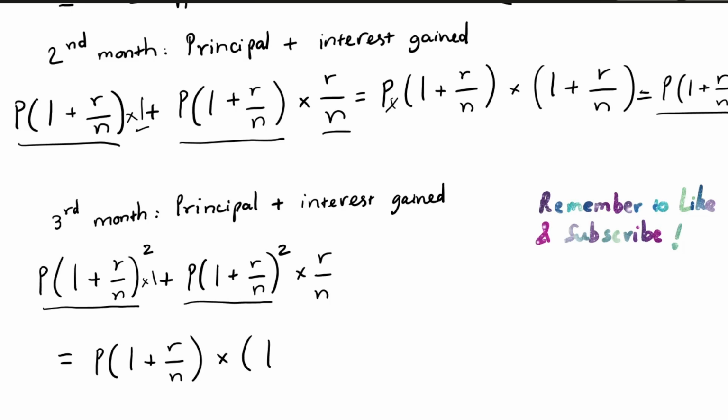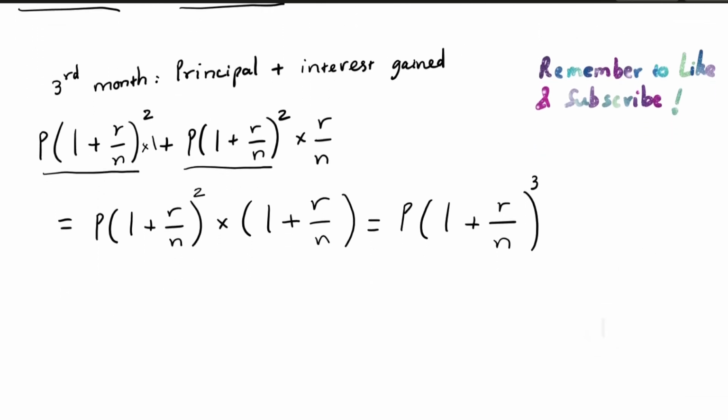And voila. There we go. Now let's take a look at this. You are multiplying P with, well, that's 2 of 1 plus R over N, and then 1 of 1 plus R over N. So all in all, you actually have 3 of 1 plus R over N, and since they are being multiplied together, that is essentially to the power of 3.